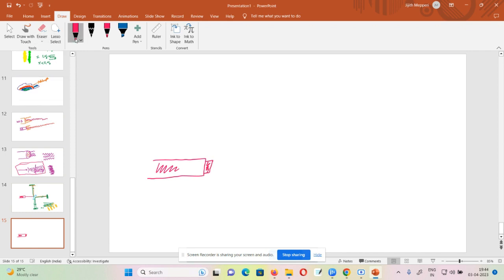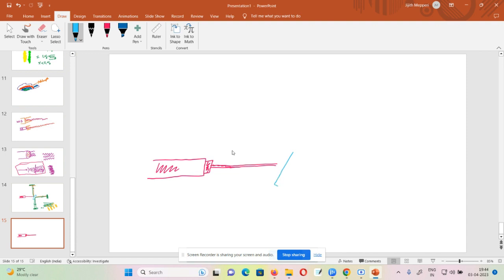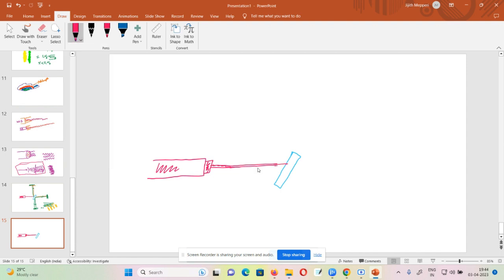This will emit light having a particular intensity, and in that path we put a semi-transparent glass mirror that we call a beam splitter. We put the beam splitter at a 45-degree angle. So when this light hits here, half of the intensity will reflect at 90 degrees.